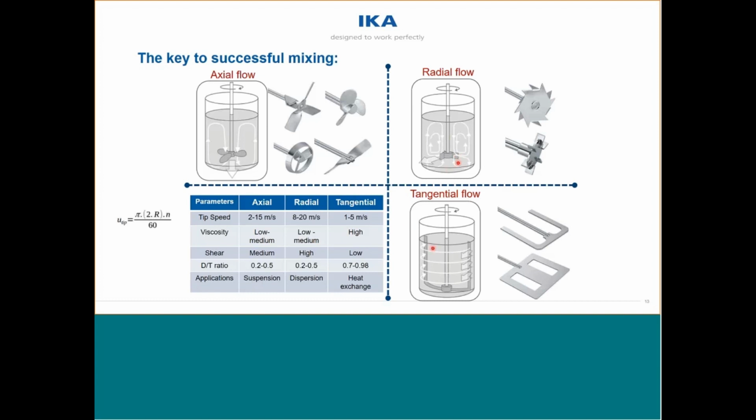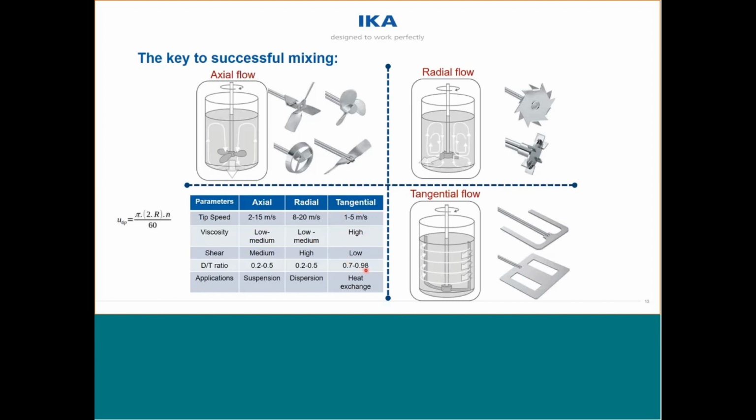Okay, and then let's say you are dealing with a high viscosity sample, like maybe a clean paste. We recommend you choose the anchor stirrer or paddle stirrer, which will create a tangential flow. For the tip speed, we know that we have to keep our mixing speed low.